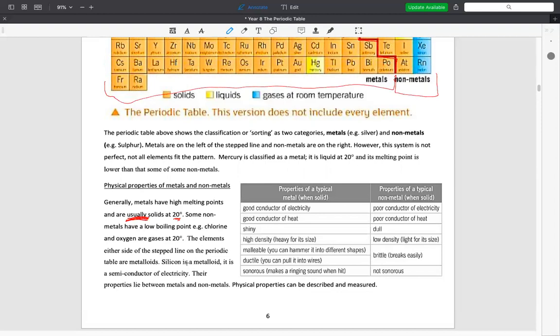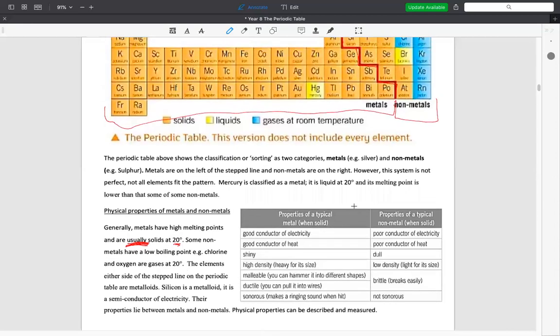Some elements will have some properties that match with metals and some properties that match with non-metals. That might leave you a bit confused as to which category to put them in. So we refer to these elements as metalloids.